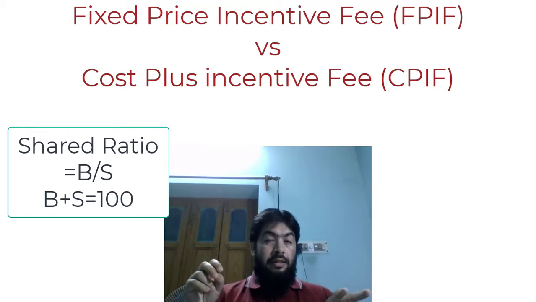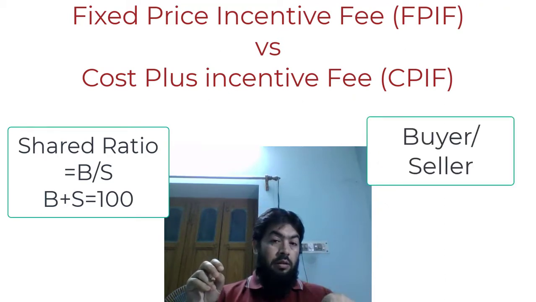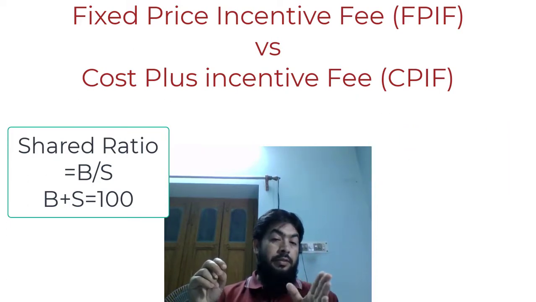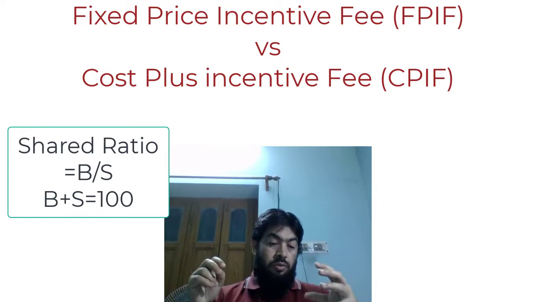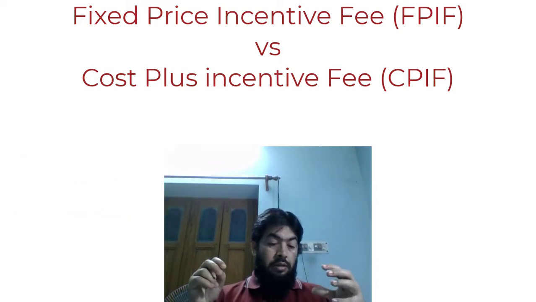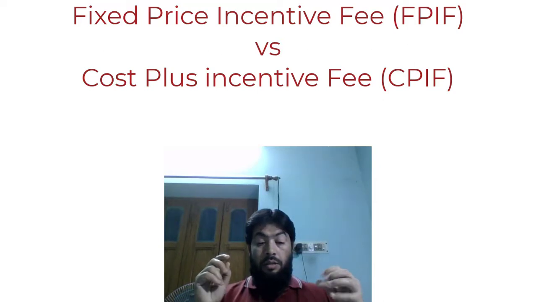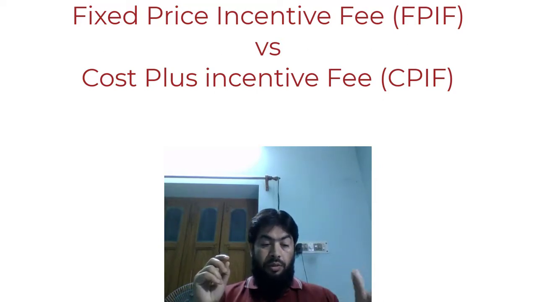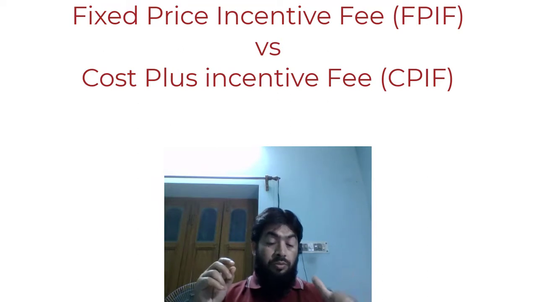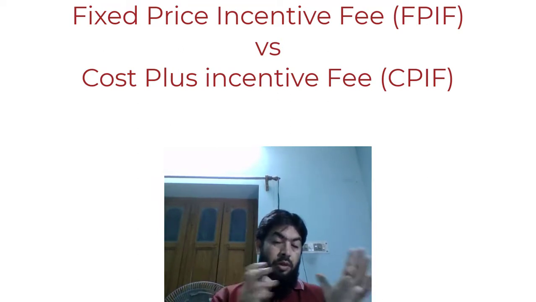Now, as I told you, in cost plus incentive fees, the incentive part should be limited, because the focus is on incentive fees. Incentive fee is actually profit. It's how much profit to be given to a seller. That part should be limited.